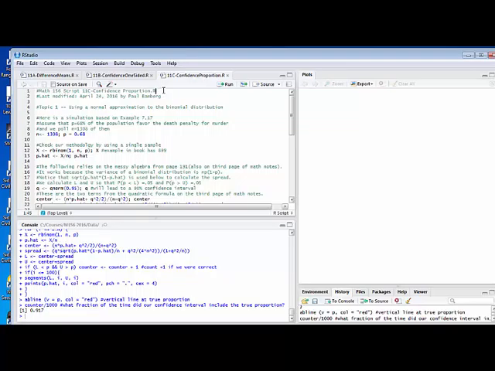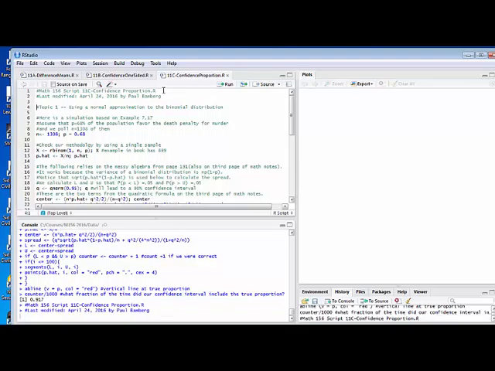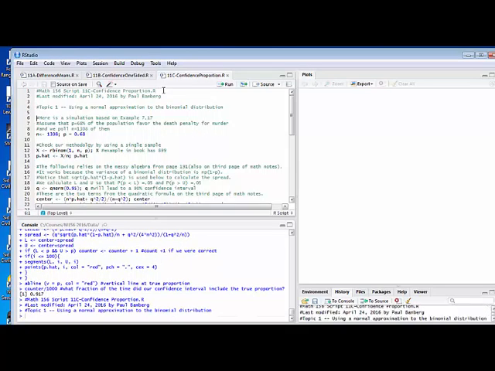This is Math 156, third script for week 11 on confidence intervals for proportions. This is based on example 7.17 in the textbook, and in addition to reading that example, you should review the third page of the math notes.